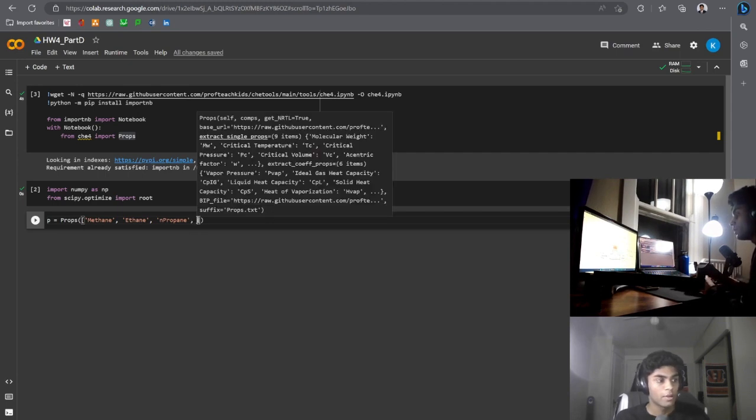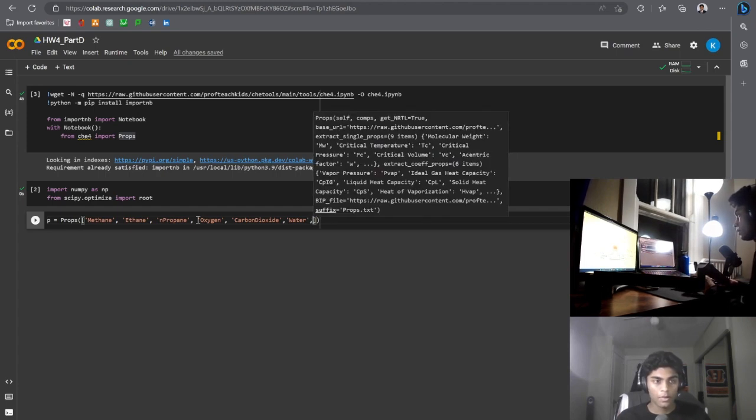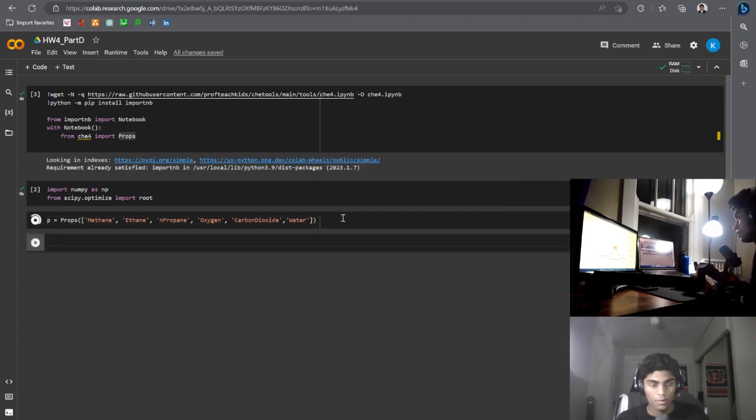And we have 200% air, so that's going to include our oxygen, our carbon dioxide, our water, our... I believe that might be it. Let's see if I'm missing anything. It does not seem like I am. So there we go. Going to go ahead and import all of that data.